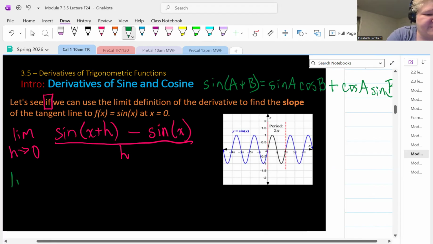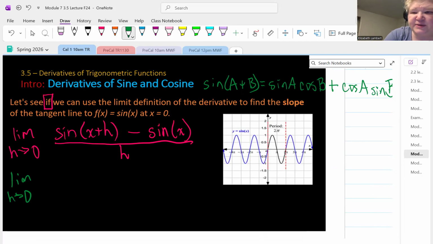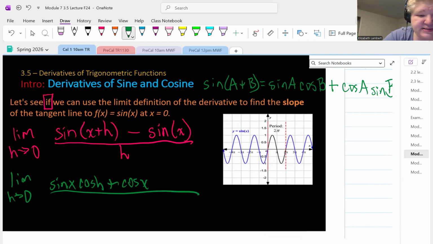So I still have my limit as h goes to 0. My sine of x plus h, though, I'm going to follow this pattern out. So that is sine x cosine h plus cosine x sine h minus sine of x all over h.